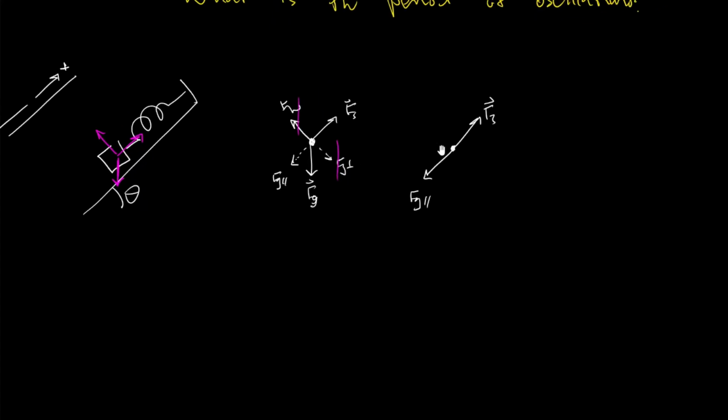At equilibrium, the net force on the box, which is net force equals Fs plus Fg parallel, has to equal 0.